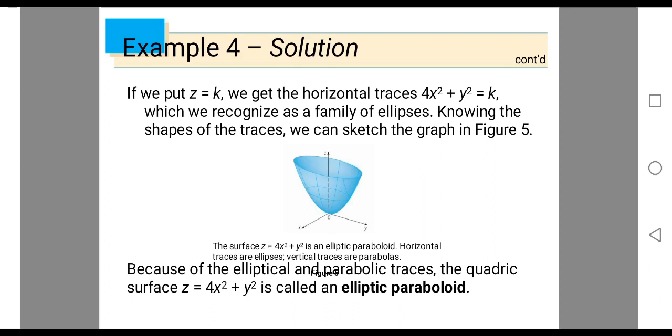As you can see in the equation z equal to 4x squared plus y squared, z has power 1 and x and y are squared, that is power 2. So in this elliptical paraboloid, we have two traces that are parabolas and one that is an ellipse. We have to remember these properties of the elliptic paraboloid, which will help us determine the equation and the shape of the elliptic paraboloid, right?